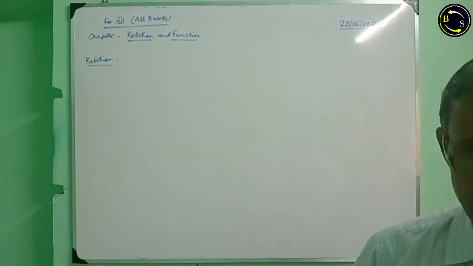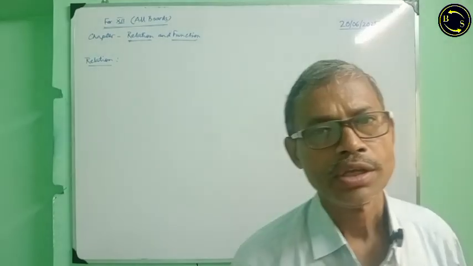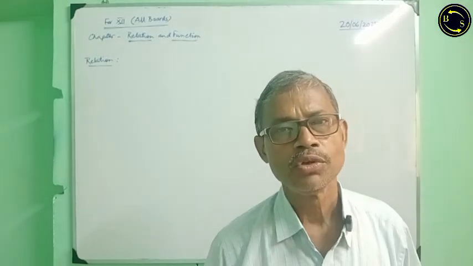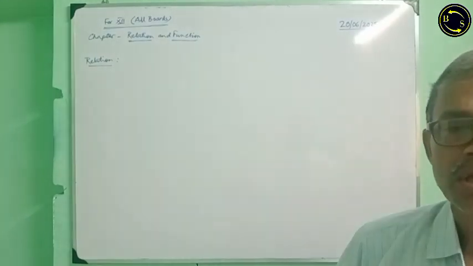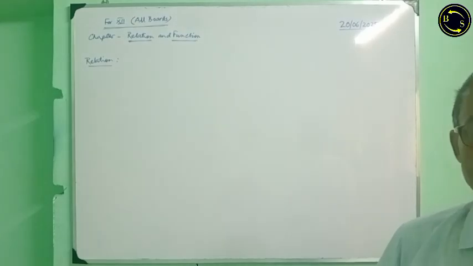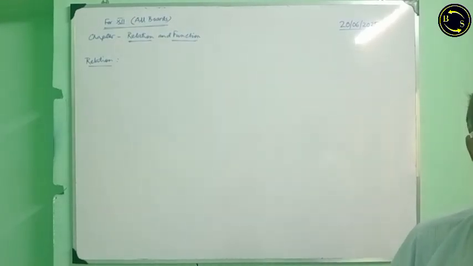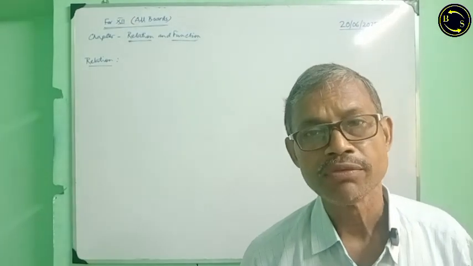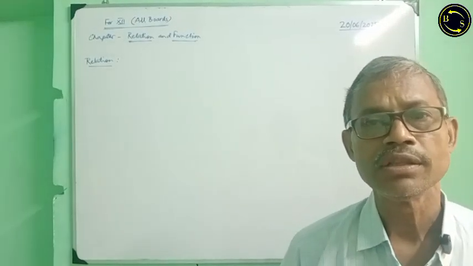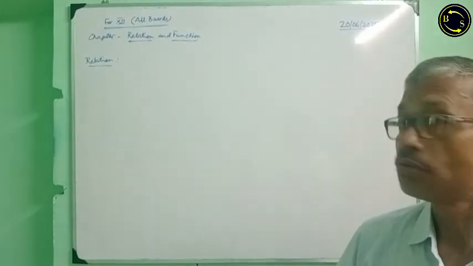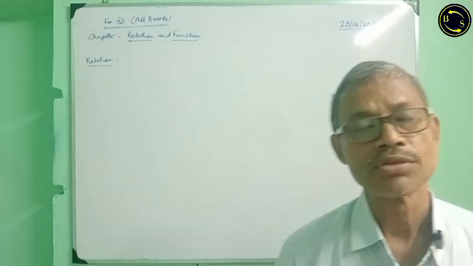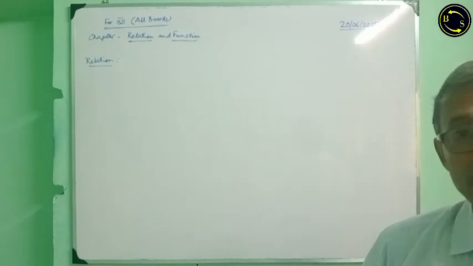Already I have mentioned that the syllabus of 11-12 has been divided into two parts, such that few chapters have been divided so that the initial part is given in the class 11 part and the detailed part is given in the class 12. Now relation and function is such a chapter.